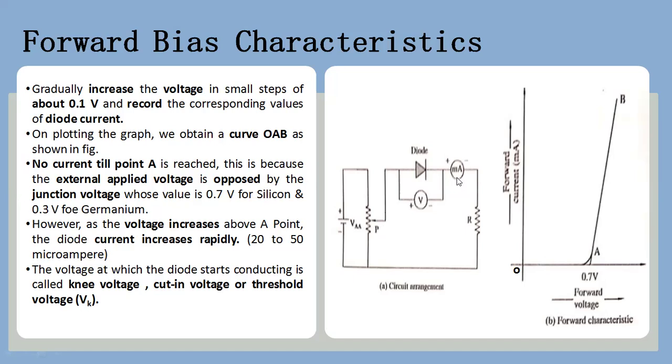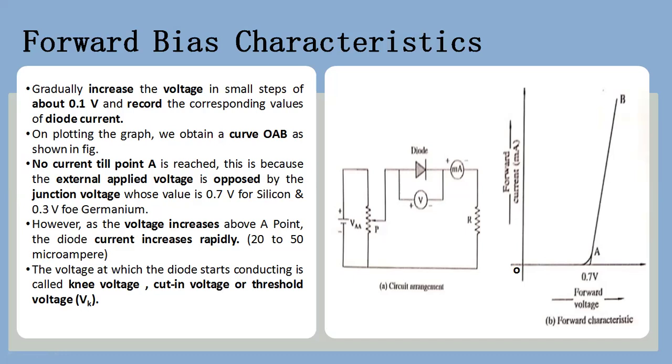By plotting the values, we are getting a graph, as shown over here, that is a curve of O, A and B. In the graph, you can see that till point A, we are not getting any output. This is because the external applied voltage is opposed by the junction voltage of the diode, whose value is 0.7 volt for silicon and 0.3 volt for germanium.